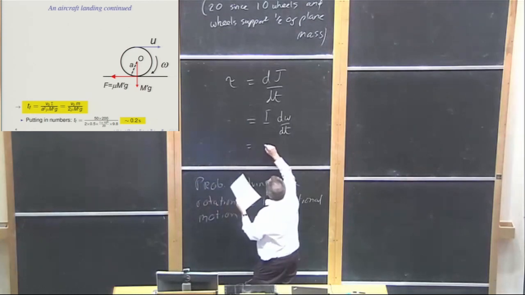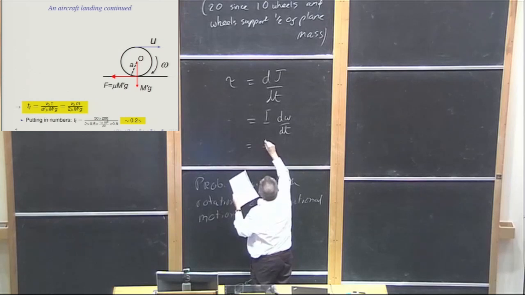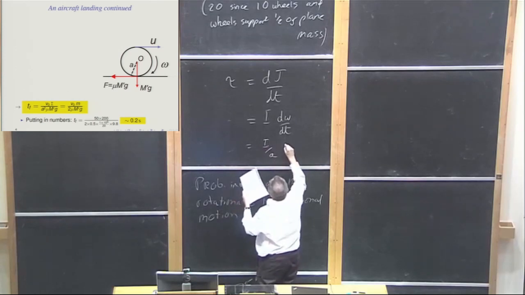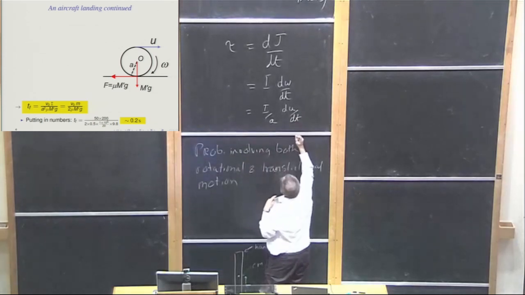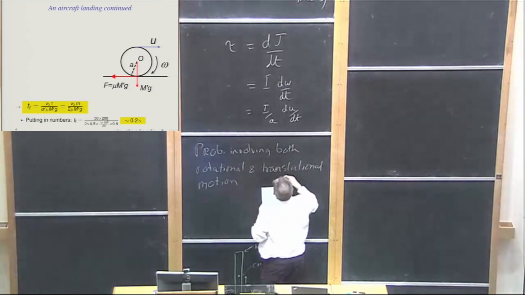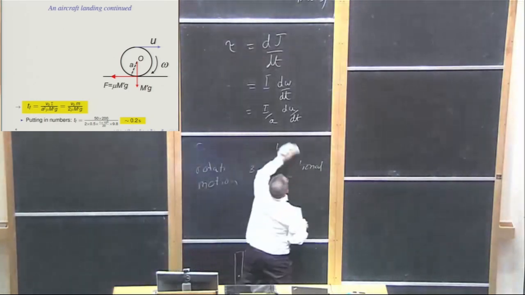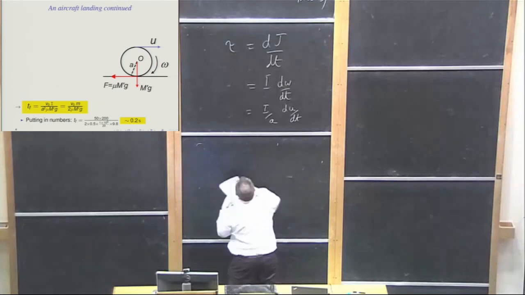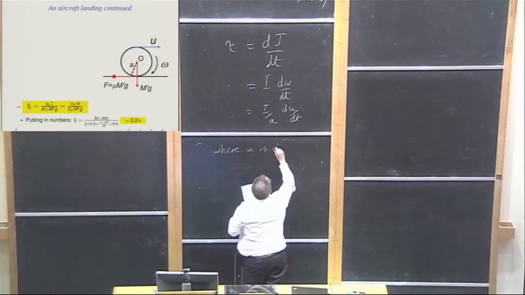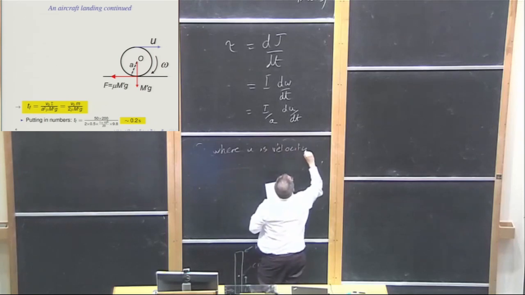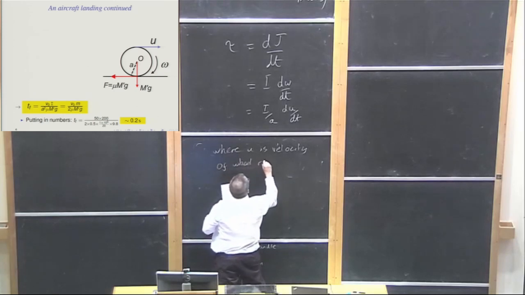So that's clearly related to omega by I over a du by dt, where u is the velocity of the wheel rim.